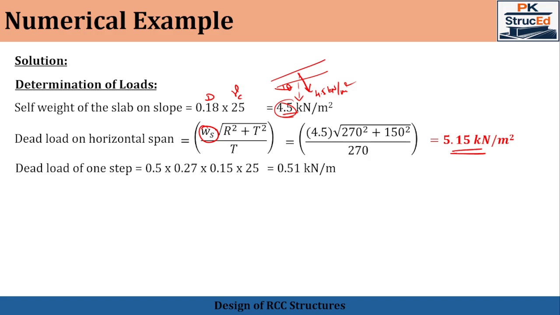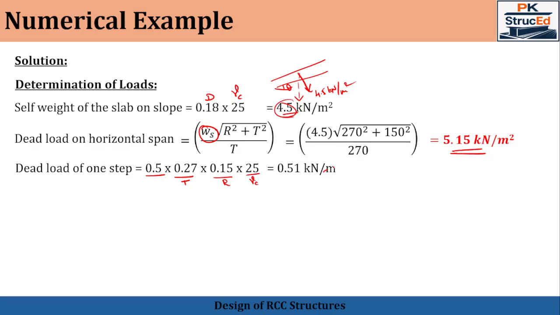Next is the weight of one step. Here the profile of a step will be in the form of a triangle. Therefore, the load is calculated as the area of the profile multiplied by the unit weight of the concrete. That is half into breadth into height. Here breadth represents the tread, height represents the rise, and then the unit weight of the concrete. Multiplying these values, you will get the dead load for one step.